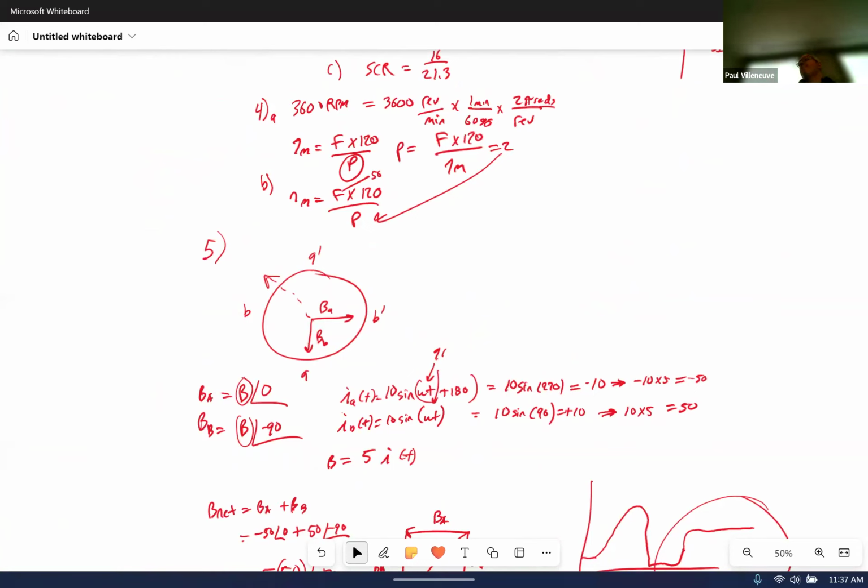So for number 5, for instance, calculating B_A and B_B, I did it in completely different ways because I had completely different notes from looking back at slides, writing them down on this paper, and looking at videos.